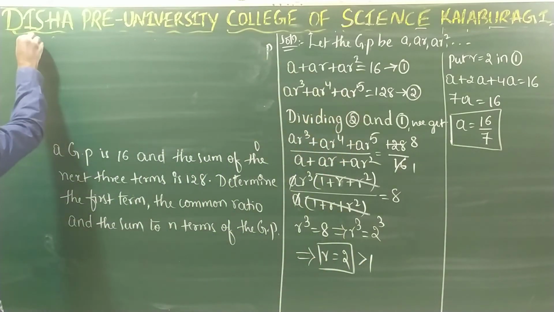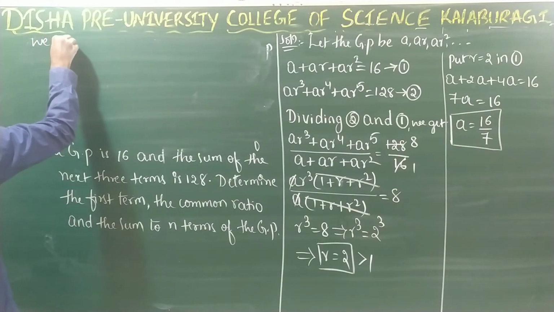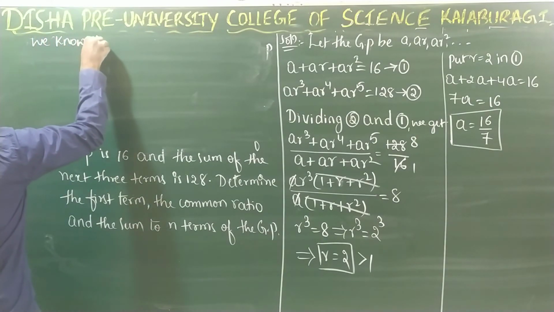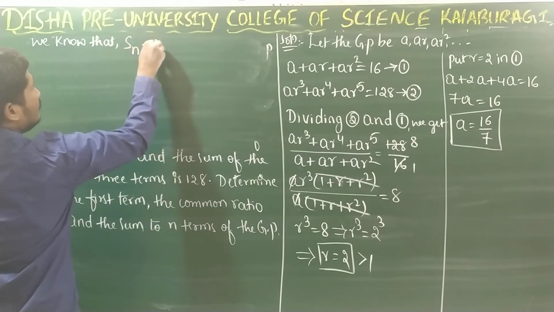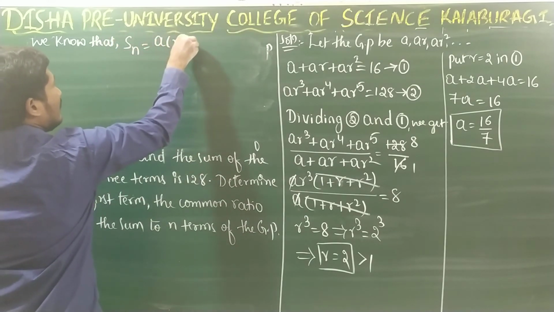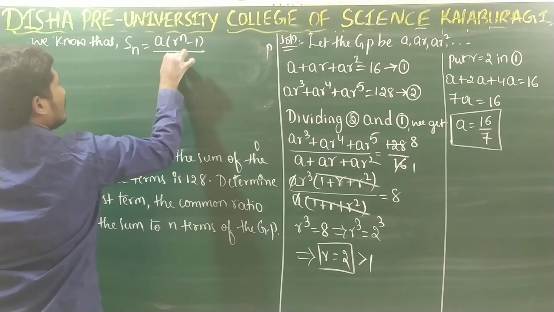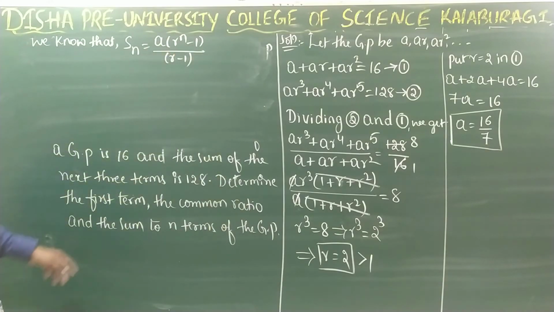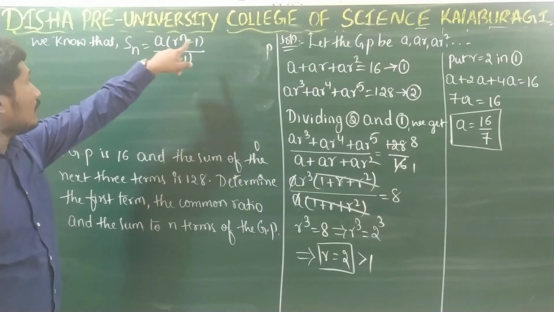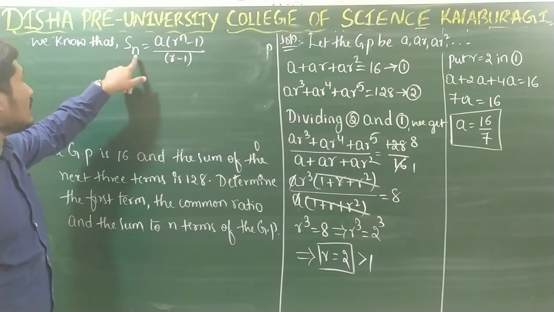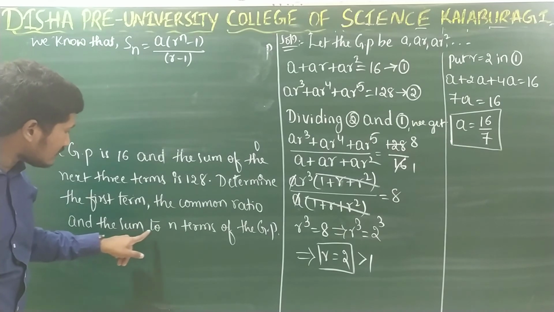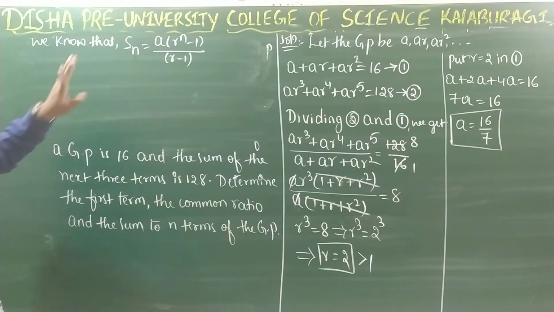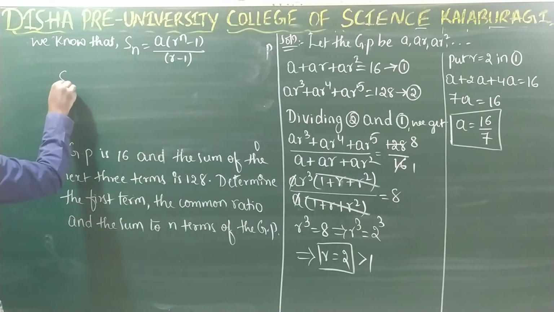So the Sn formula will be, we know that Sn is equal to A into R power n minus 1 divided by R minus 1. Right? So we know the value for A, we know the value for R. Here n is equal to n. Why? Because we are asked to calculate a sum to n terms. Right? So let us substitute all the values.